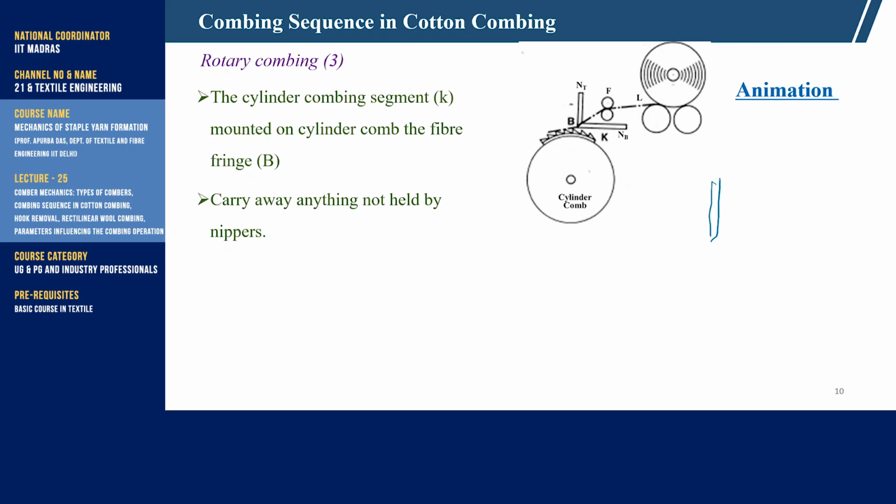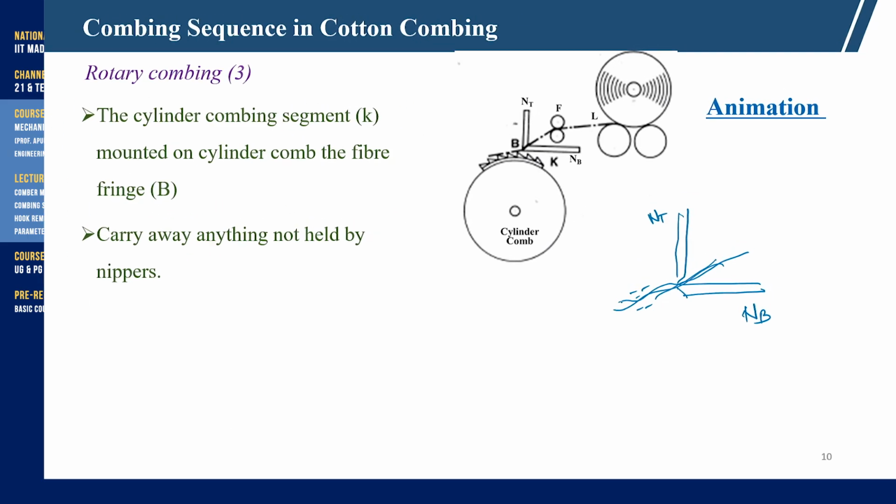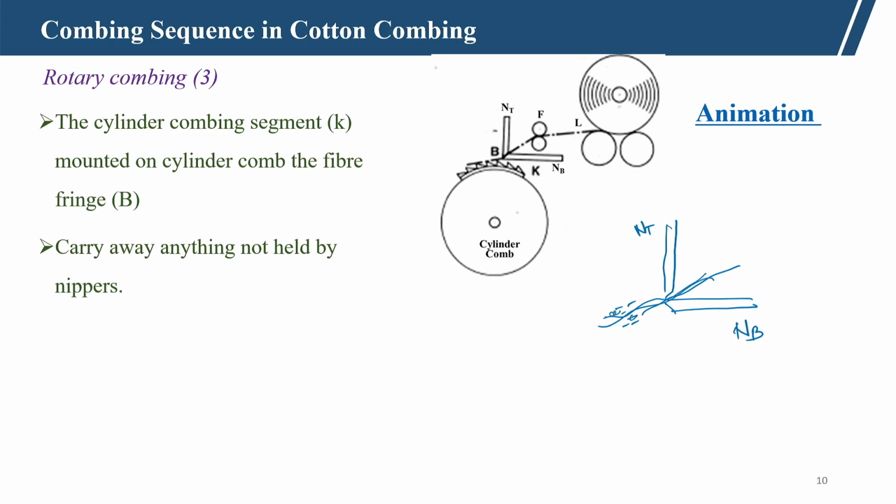The top nipper NT and bottom nipper NB are holding the fibers, and whatever short fibers, trash particles or neps are present in the projected zone B are removed by the cylinder comb. These are the ones not held by the nipper, but the fibers held by the nipper will not be removed. They will simply be combed, which is our basic objective.